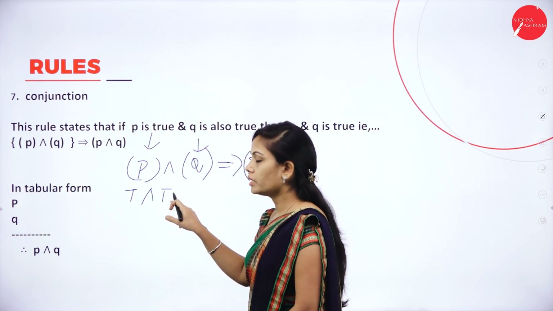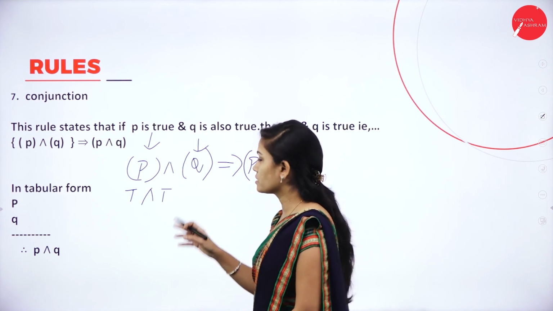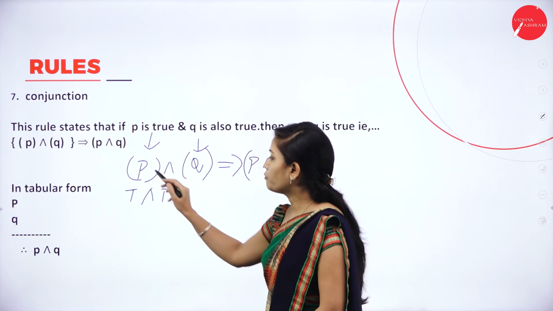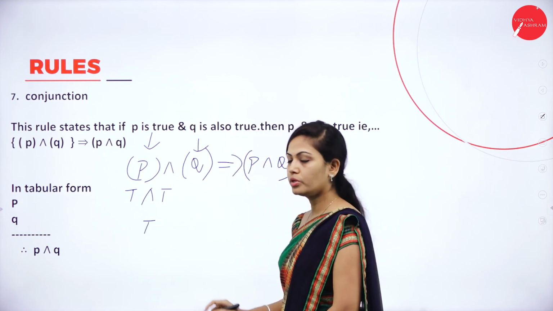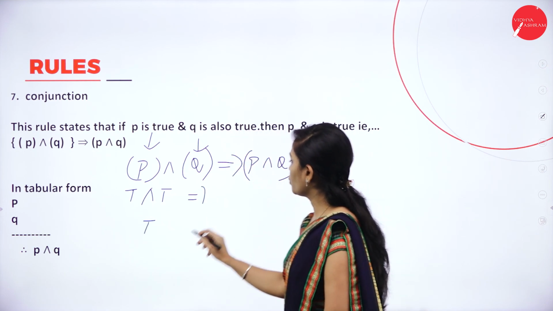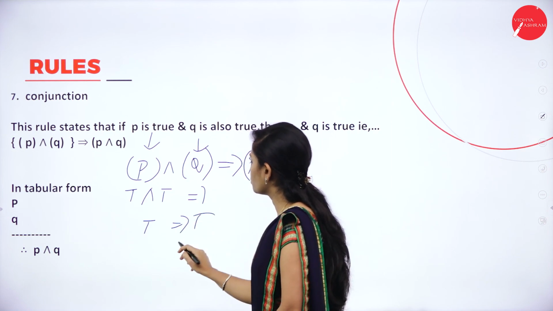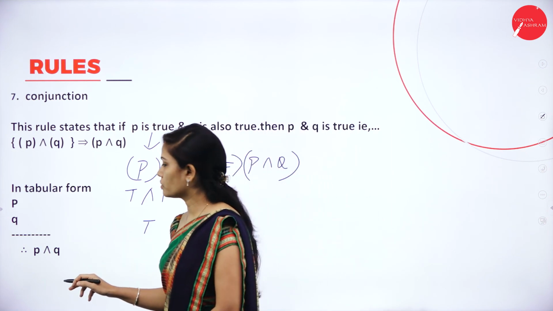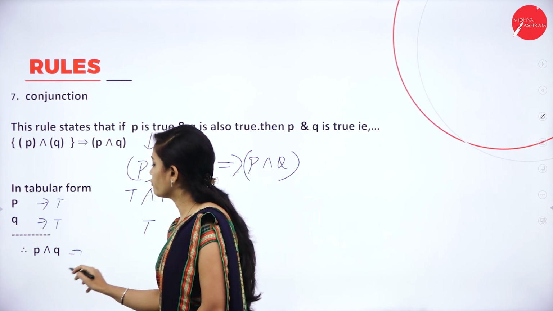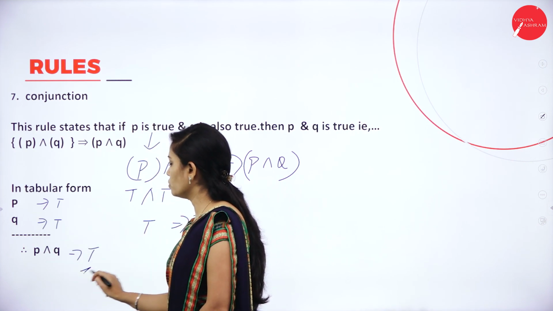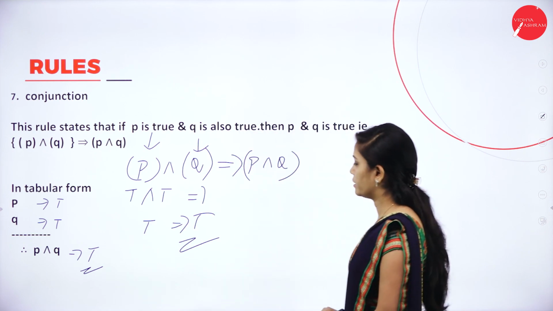In AND operation, if any one of the statement is false, you will get false condition, right? If P is true, Q must be true. So, true and true, we will get true. So, P and Q is also true. So, how to write this in a tabular form? P is true, Q is also true. Therefore, P and Q is also true. It is a valid statement.